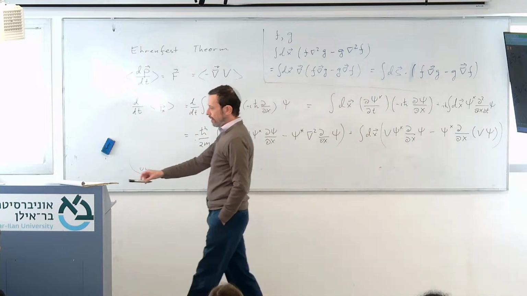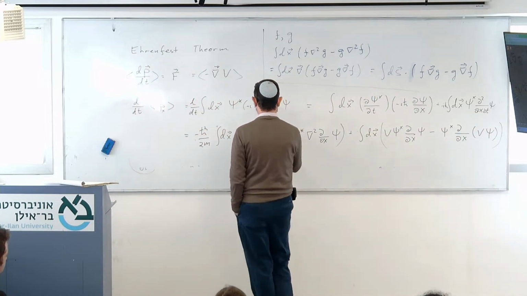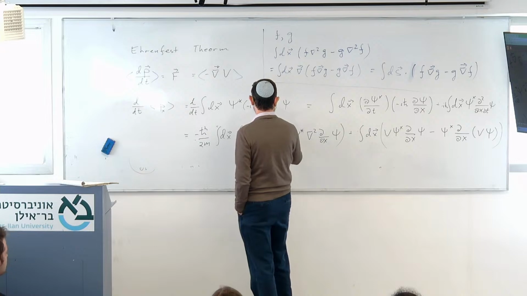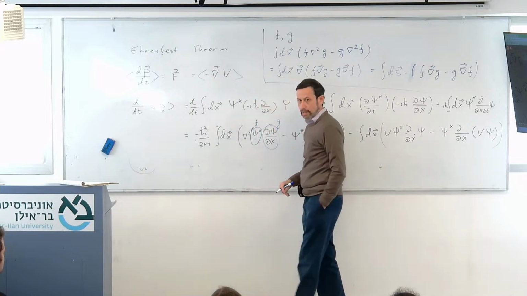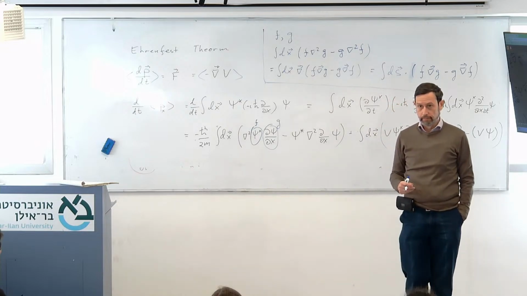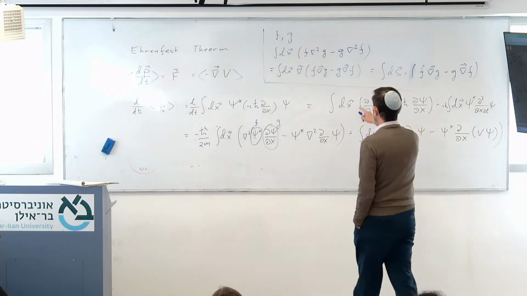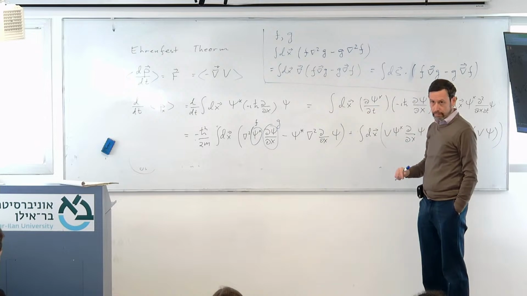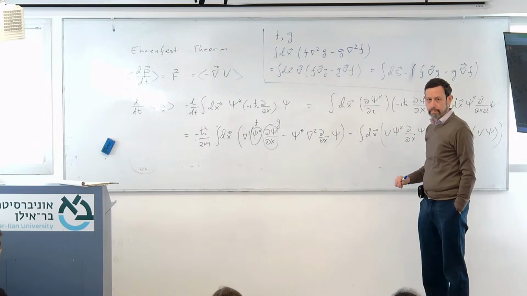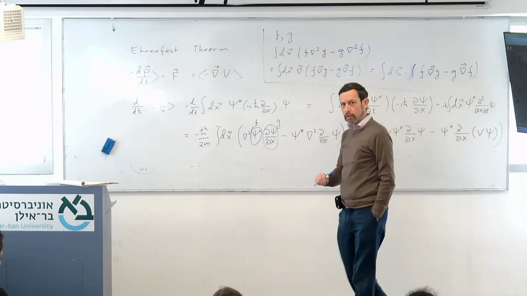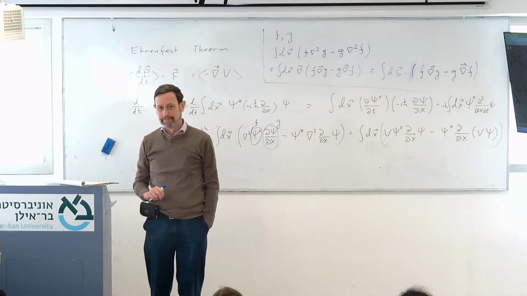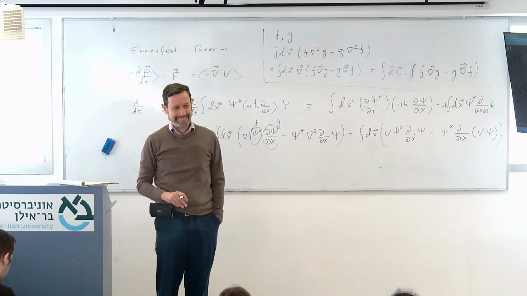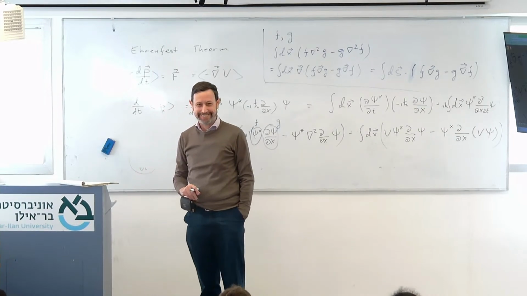So if I identify this guy as G, I have exactly what's written here. Okay? Guys at home, okay? Anyone alive there? Yes, yes, okay.